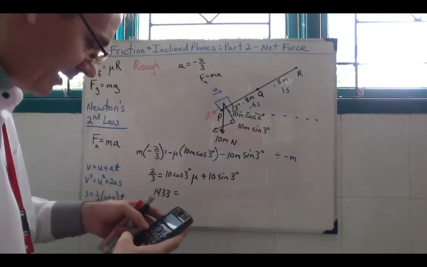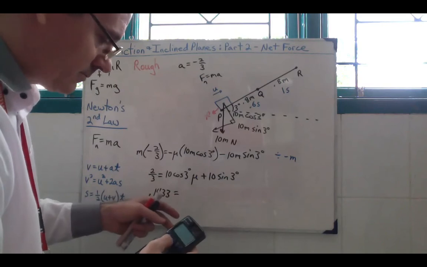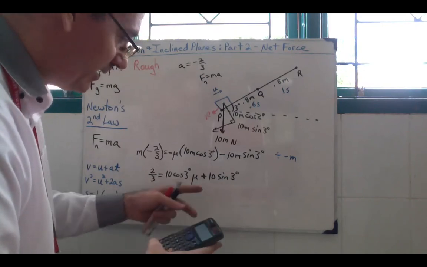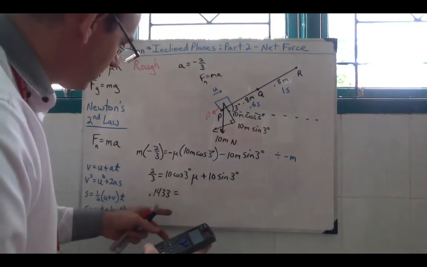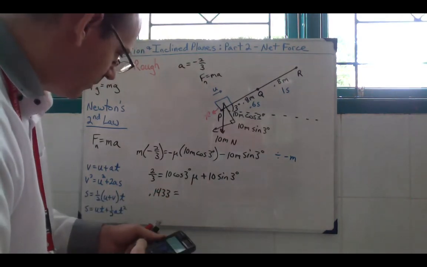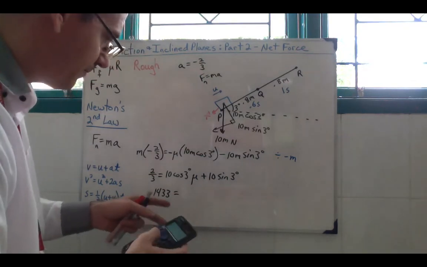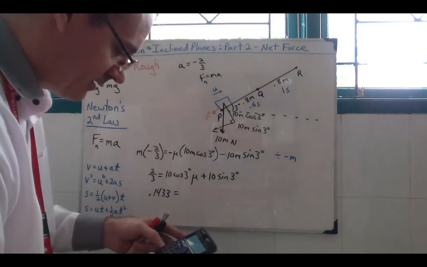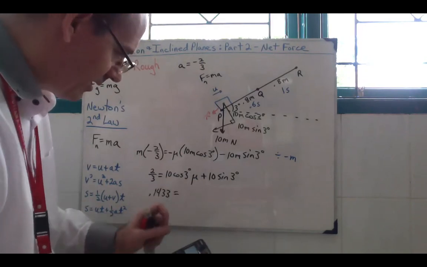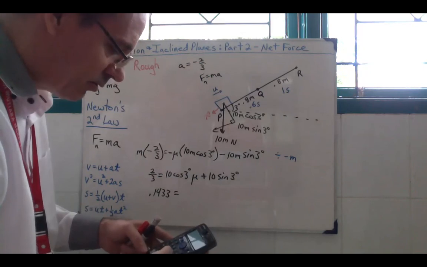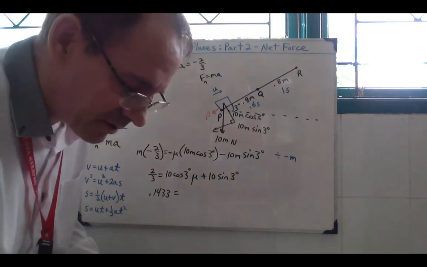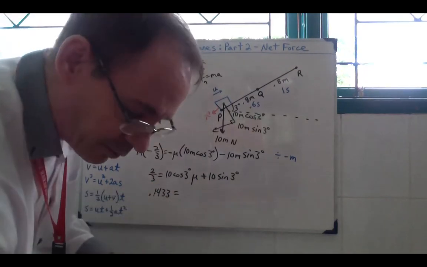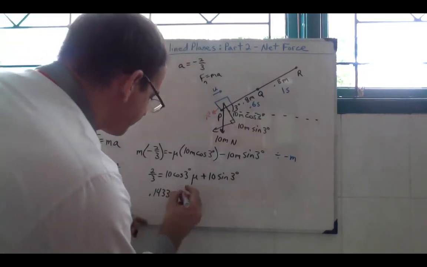Just want to check to make sure I did that right. Sorry, 2/3 minus 10 sine 3. Yes, okay, got that right. And then 10 cosine 3 of 3 degrees is 9.986.